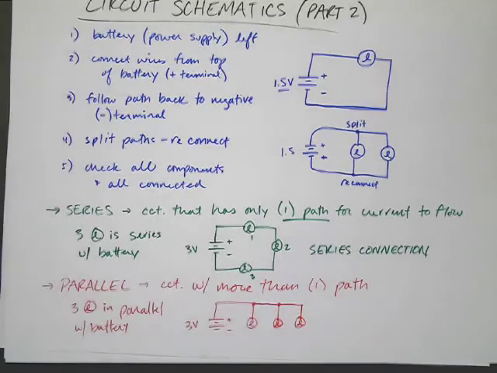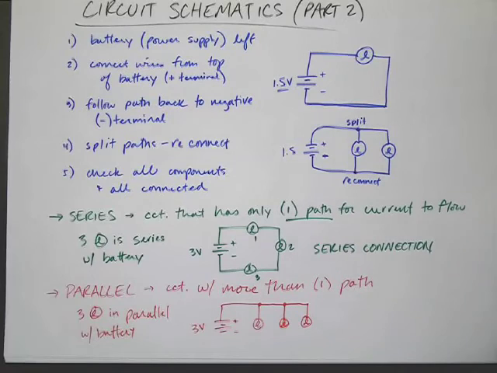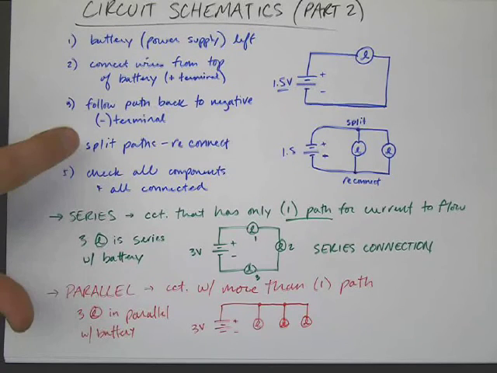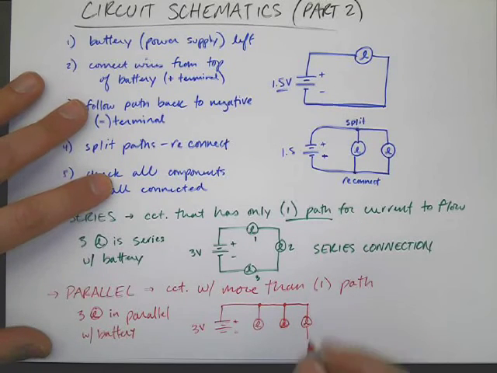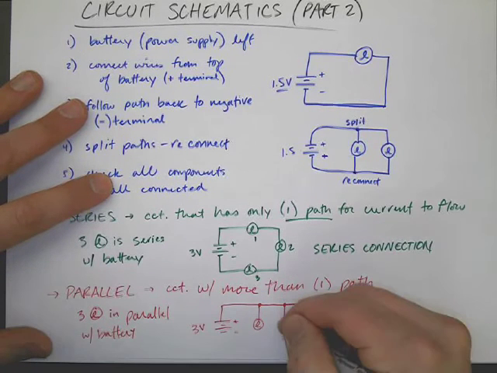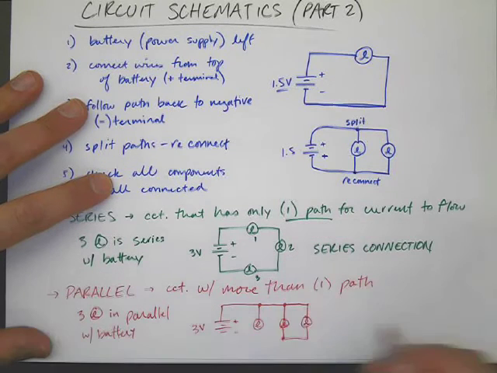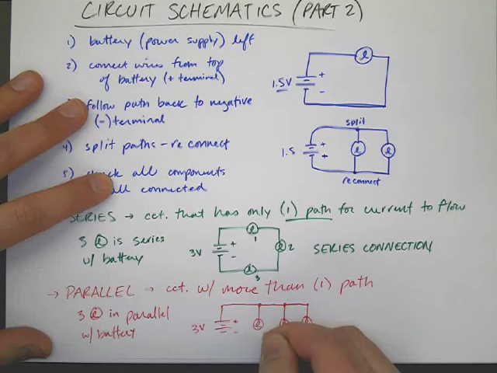So those are 3 light bulbs. And remember, whenever we split the paths, we always have to reconnect them. So I come back down here. These wires will have to reconnect. Come back here. These wires would have to reconnect.